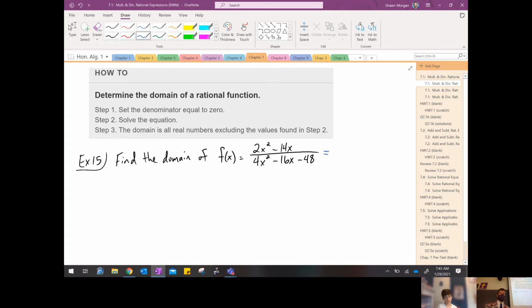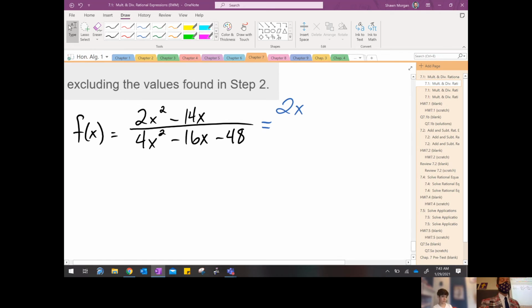So what's in common between 2x squared and 14x? There's a 2 that goes into both those numbers. And what about a variable? There's an x. Good. So don't, and again, fellas, don't feel the pressure to do it all at once. Just take it number with number and letter with letter. Okay? Quentin, what's left over when we take out that 2x?